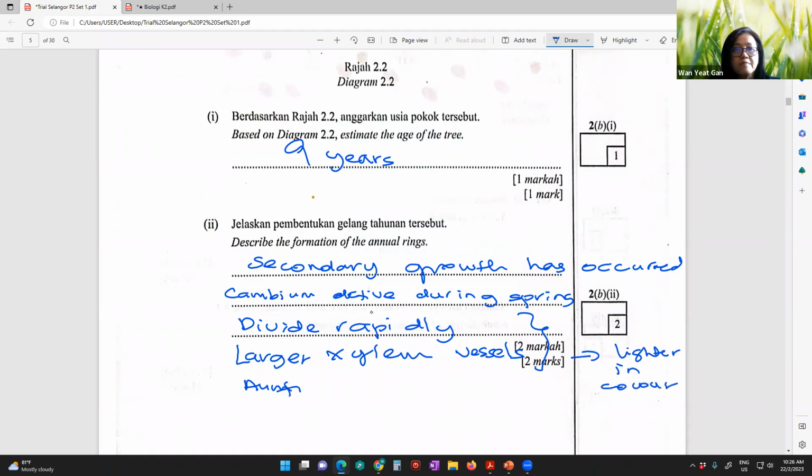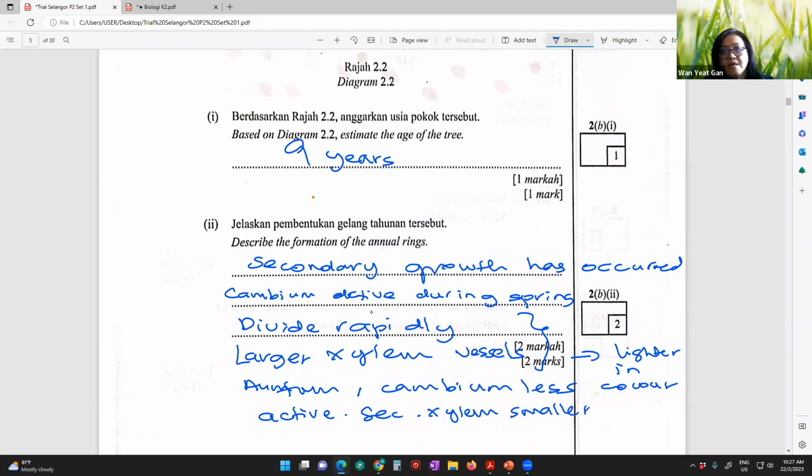And during autumn, the cambium is less active. So the secondary xylem that is formed is smaller in diameter and more thickened with lignin.